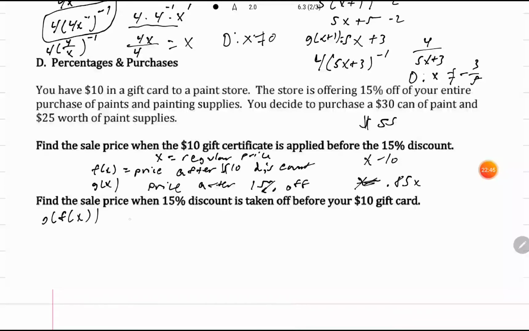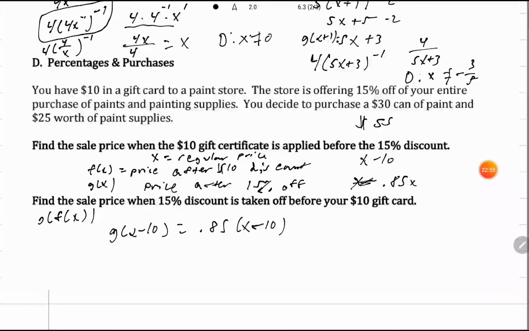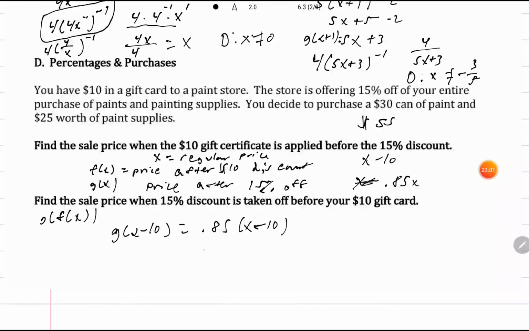So g of x minus 10 is equal to 0.85 times x minus 10. And now we know what the total price is, which is 55.